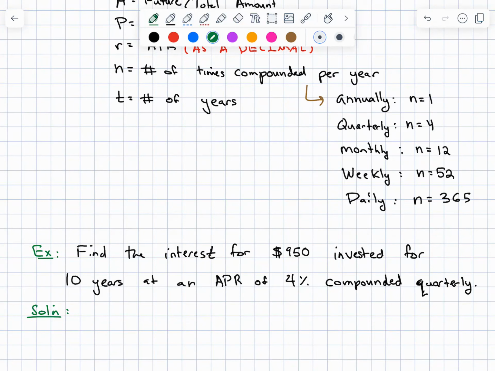The fact that it says compounded quarterly means that we're going to be doing the compound interest formula.